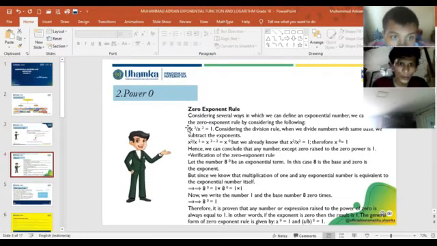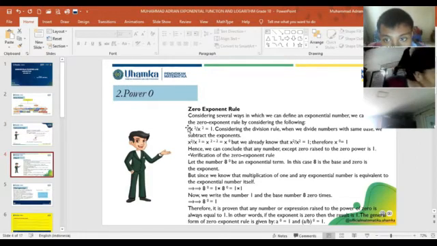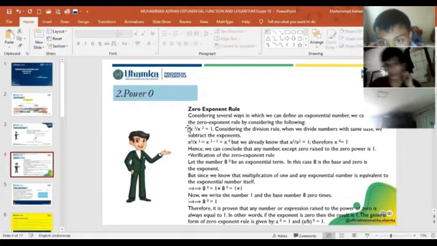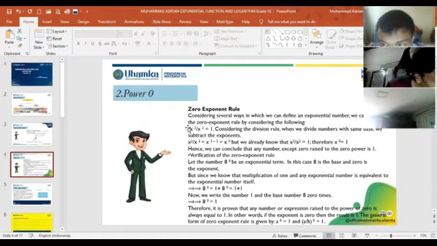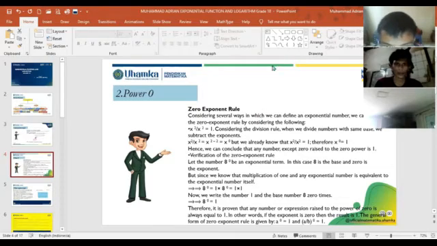Number 2, power 0. Zero exponent rule, considering several ways in which we can define exponential. We can derive the zero exponent rule by considering the following: x power 2 divided by x power 2 equals 1. Considering the division rule, when we divide numbers with the same base, we subtract the exponents.